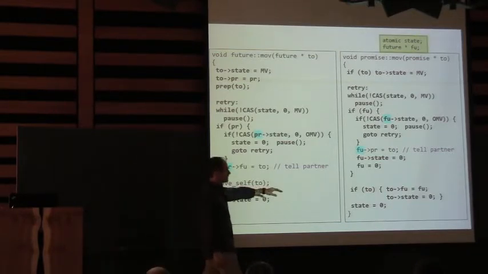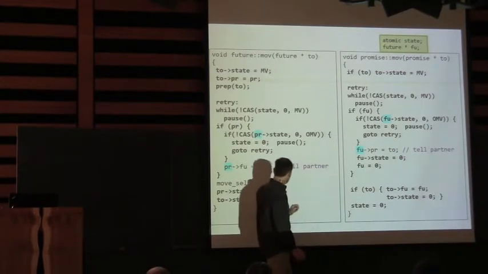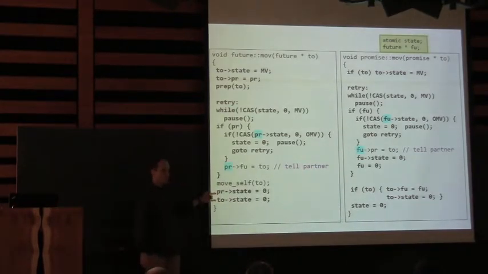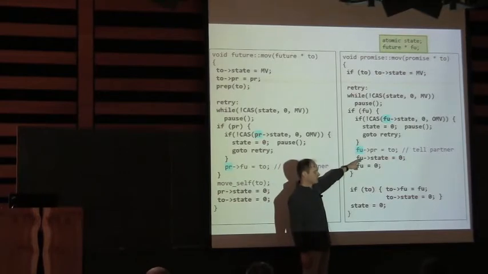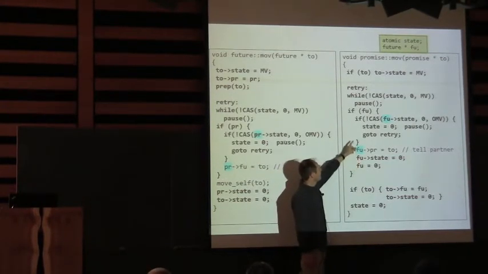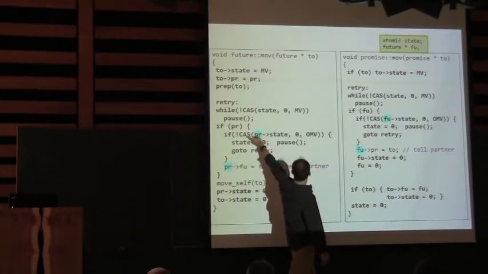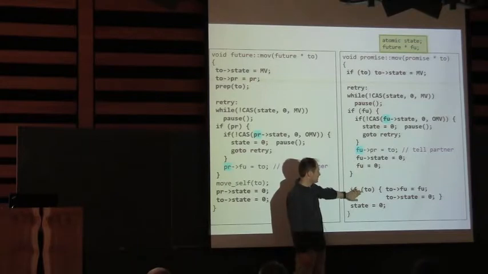It's the same reasoning. Well, actually, it's not the same reasoning. Remember how we said this order was fine or the other order was fine? I'm now choosing this order. I set the other guy to wake up, but I haven't set myself to wake up. This guy can get past the first while loop, but he's going to get stuck here, right? This thing is local to me. I can set this.